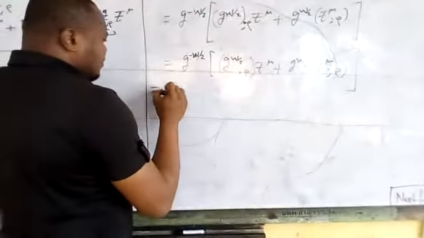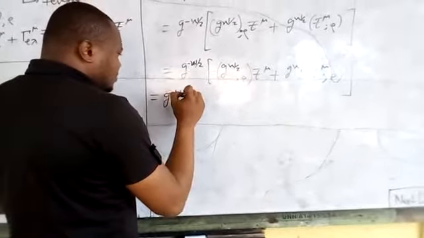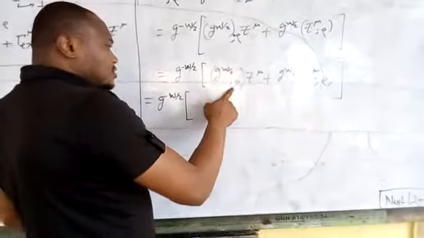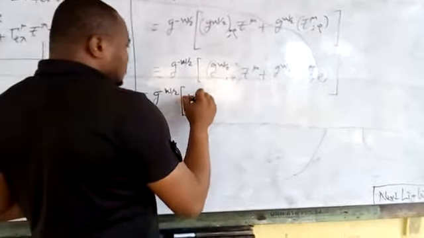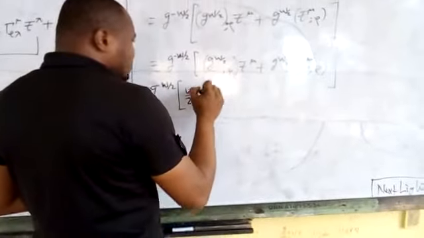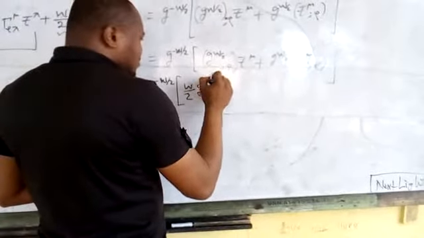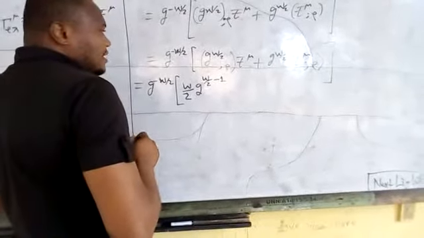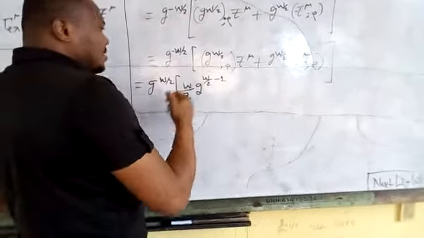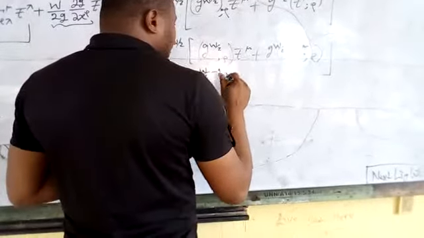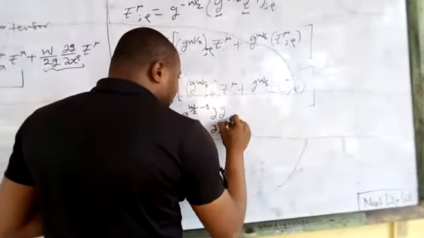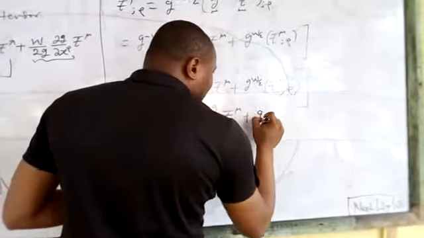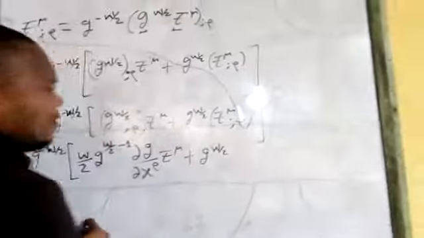I'm going to have this give me g to the minus w over 2. Performing this ordinary derivative with respect to x rho, I'm going to have first of all w all over 2 g raised to power w over 2 minus 1. Of course, that's what will be expected because we'll have to differentiate this first with respect to g, before multiplying this by the derivative of g with respect to x rho. Then we'll have this attached to it as usual, plus g w all over 2.